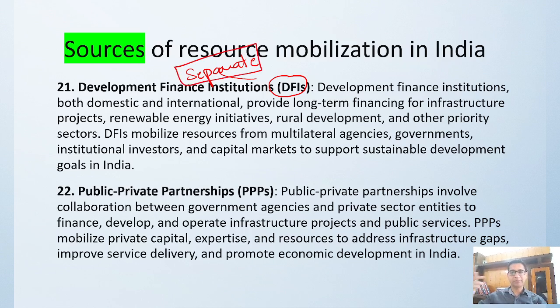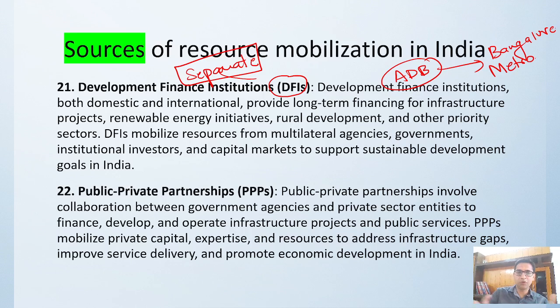Some are funding some projects, some are funding other projects. They are giving the money. Like the Asian Development Bank is funding the Bangalore Metro. Okay, so these are development financial institutions which provide resources to various places based on their own priority areas.